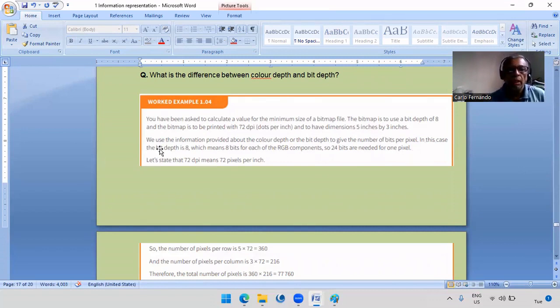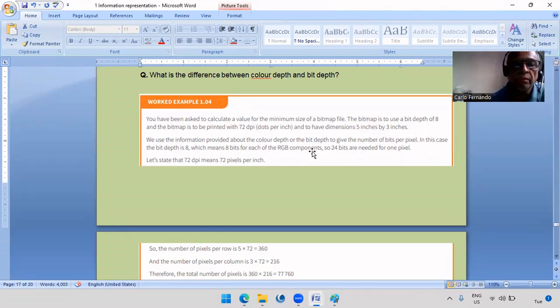We use the information provided about the bit depth to give the number of bits per pixel. In this case, the bit depth is 8, given here. Which means 8 bits for each of the RGB components.